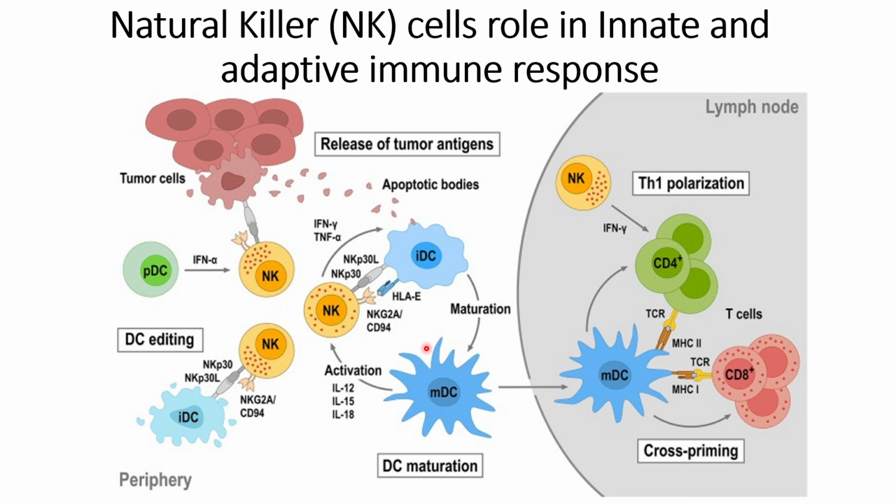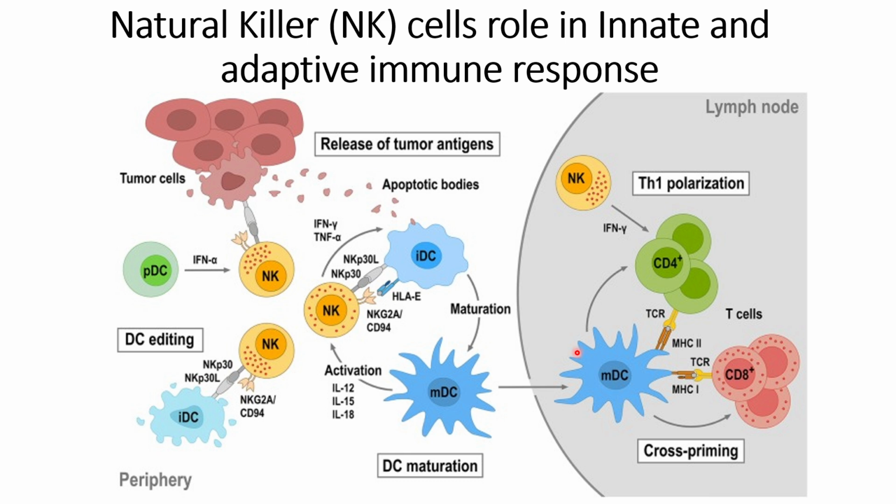Once these dendritic cells are matured, they can go to the lymph node, where these mature dendritic cells help in the CD4 differentiation to Th1 polarization, and at the same time, they will also activate CD8 plus T cells by providing the antigen information through the T cell receptors and major histocompatibility 1 interactions.